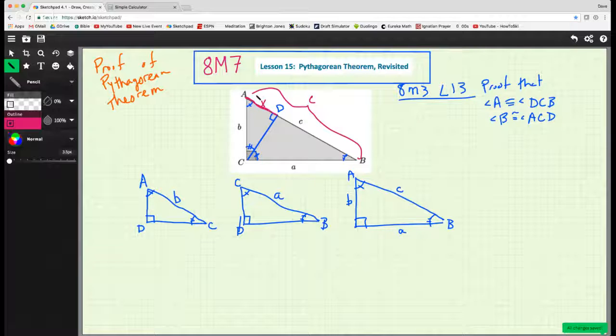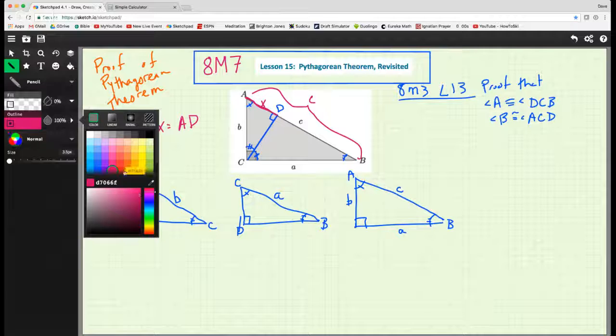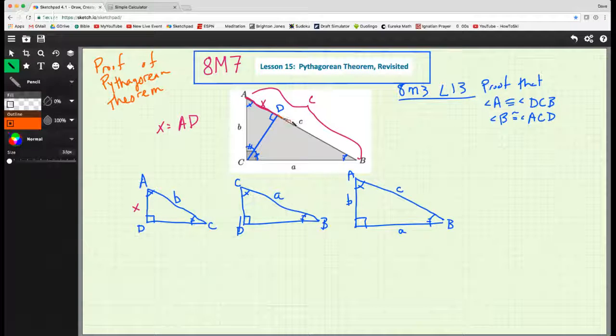And so if I say that that's X, then that's going to be this side here on this triangle, right? Because if this is triangle ADC, then X is equal to AD. X and AD are the same thing. And similarly, I'm going to say this side here is Y. So I'm going to say Y is equal to BD.